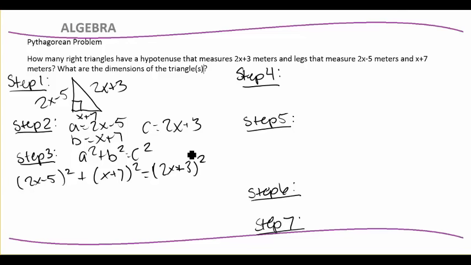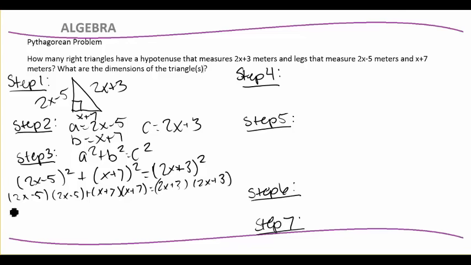And so let's go ahead and simplify this equation. So we're going to have 2x minus 5 times 2x minus 5 plus x plus 7 times x plus 7, which equals 2x plus 3 times 2x plus 3. And let's go ahead and multiply these out.